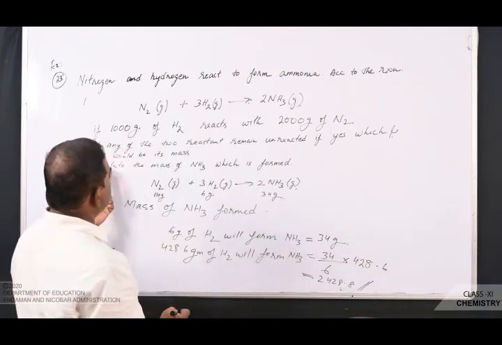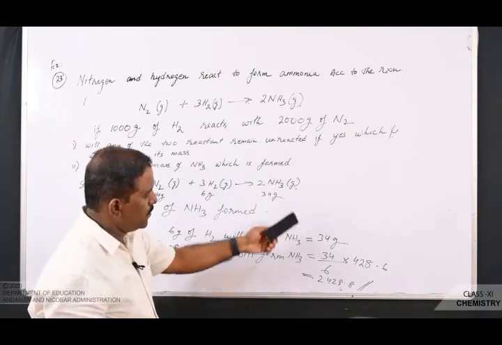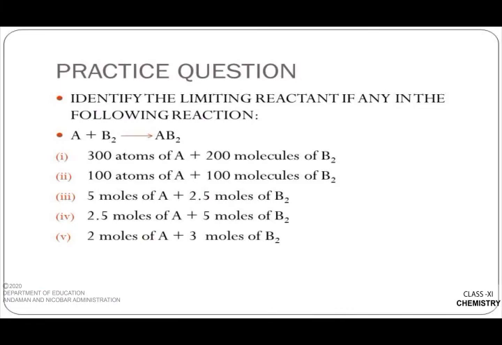The last part was to calculate the mass of NH3 which is formed. Students, on limiting reagent there is a question for home assignment. You have to practice it. The question is from NCERT exercise 24. Identify the limiting reagent, if any, in the following reactions, that is A plus B2 gives AB2.